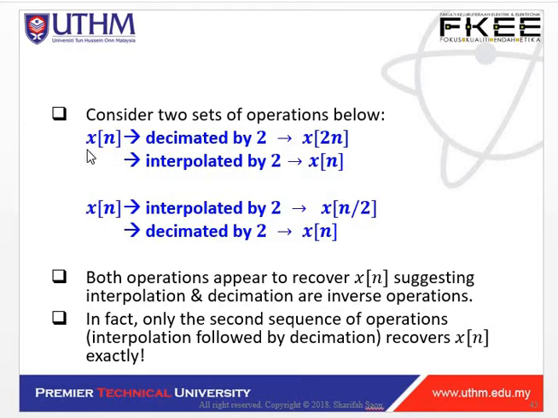So both operations appear to recover the xn. That's suggesting the interpolation and decimation are inverse operations. But actually only the second sequence of operation, this means that you need to do the interpolation first, then followed by decimation, will recover the xn exactly. Okay.